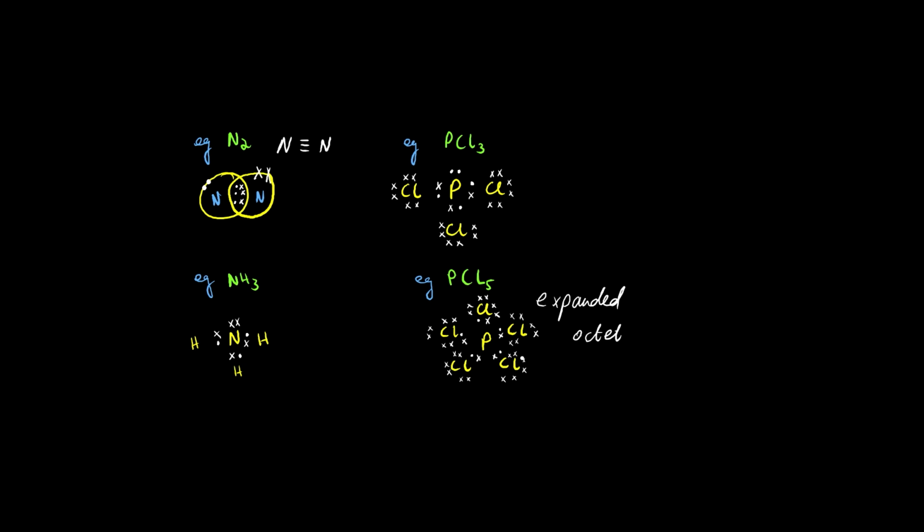This is important. Let's look at what happens. Phosphorus has the atomic number 15. Its electronic configuration is 1s2, 2s2, 2p6, 3s2, and 3p3.